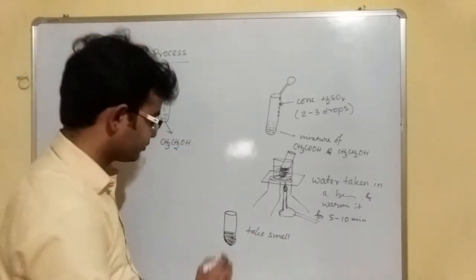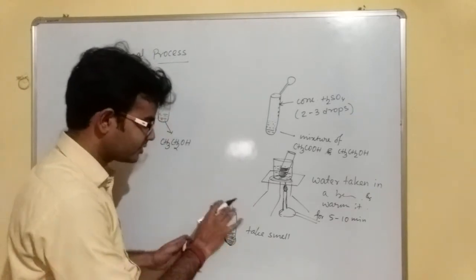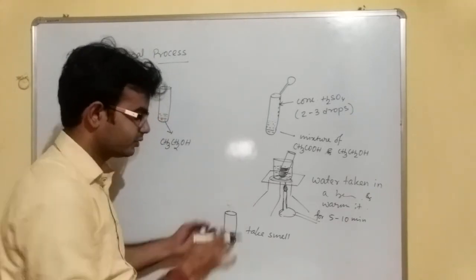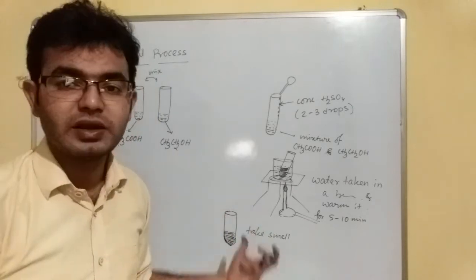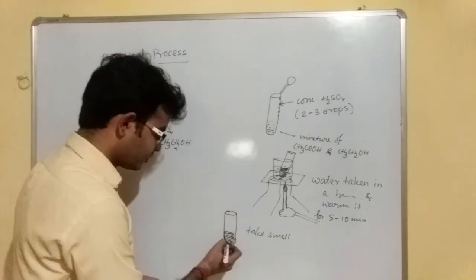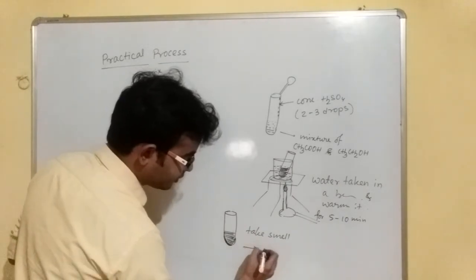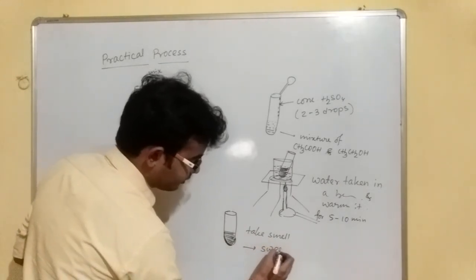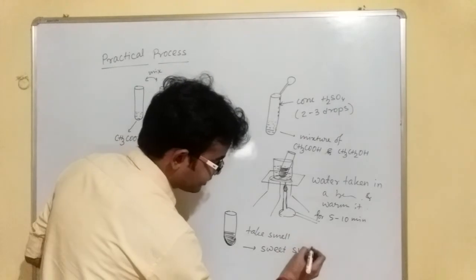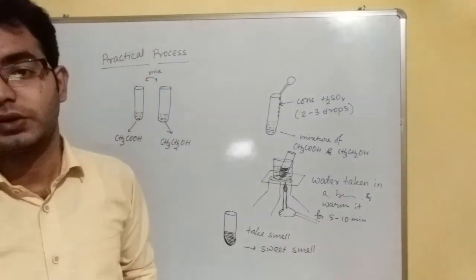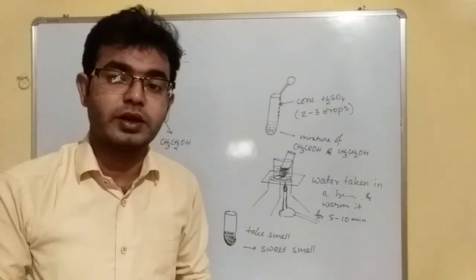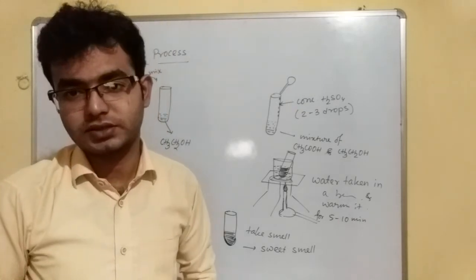Will observe, यहाँ पे ऐसा नहीं निकलेगा, हम लोग देखेंगे ऐसे ही, है ना, स्मेल लेंगे, तो इसलिए हम बोल रहे हैं ऐसा. So we'll take the smell, we'll get the sweet smell, okay, and this sweet smelling compound is ester.